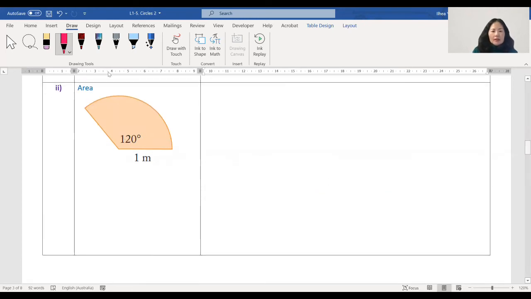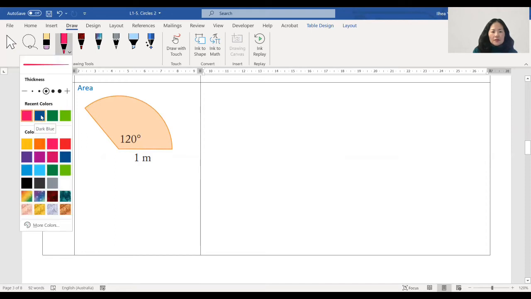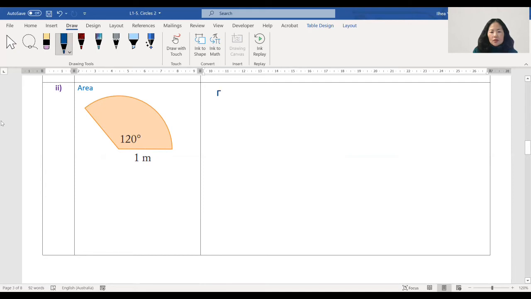Area is a lot simpler than a circumference. So the radius we got is 1 meter. So that's 1 meter, and that's 1 meter.